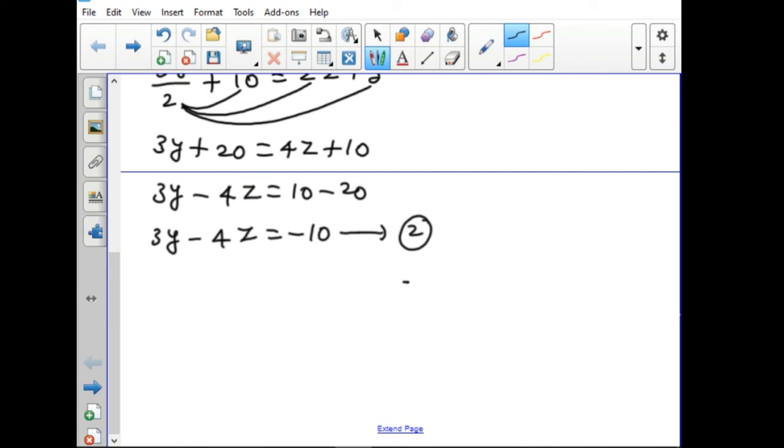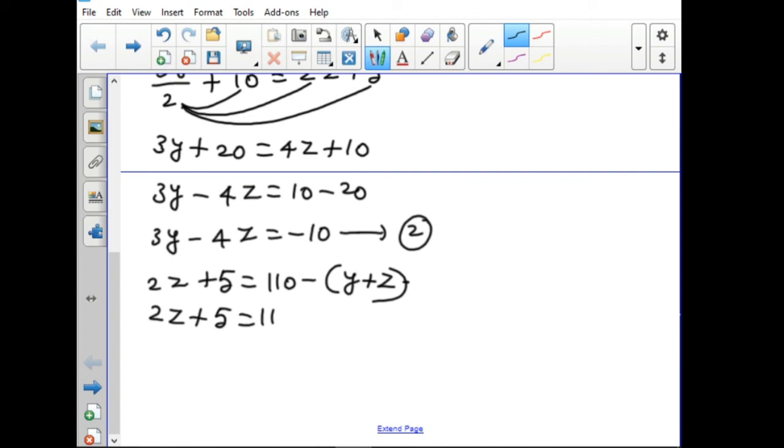Next you have to consider another two terms: 2z plus 5 equal to 110 minus y plus z. So 2z plus 5 equal to 110, multiplied inside, minus y minus z.